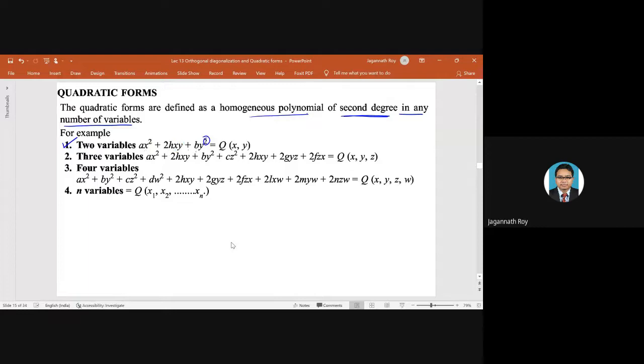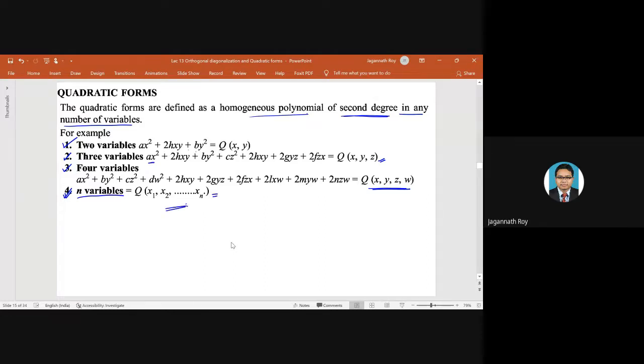Now if we have three variables, then we will have this form. And then if we have the four variable case, then we can write this form. Okay. This quadratic form, and then this is for n variables. So this can be written in this form.